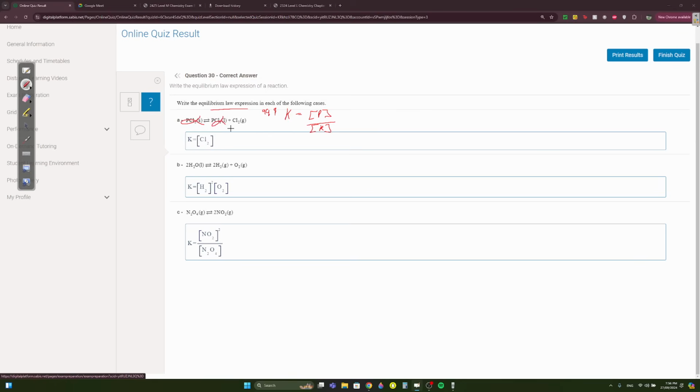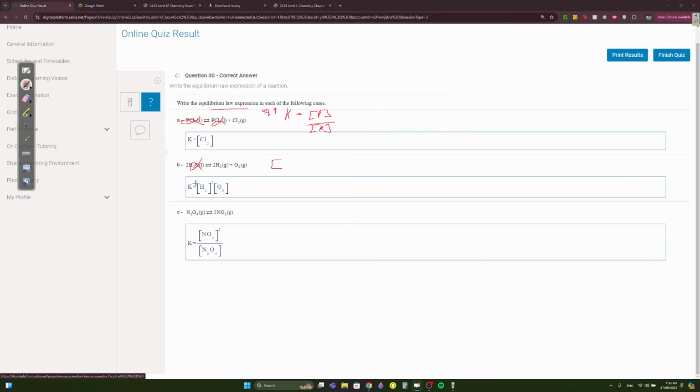So what do we only have? They give you K equals, and you put square brackets for concentration, and you put Cl2. Very easy, right? Don't put state symbols unless they ask you to. Here, liquids we don't want. What are my products?